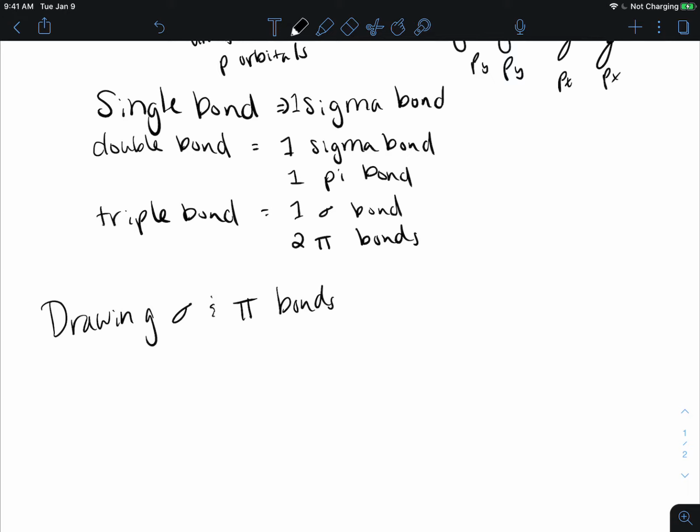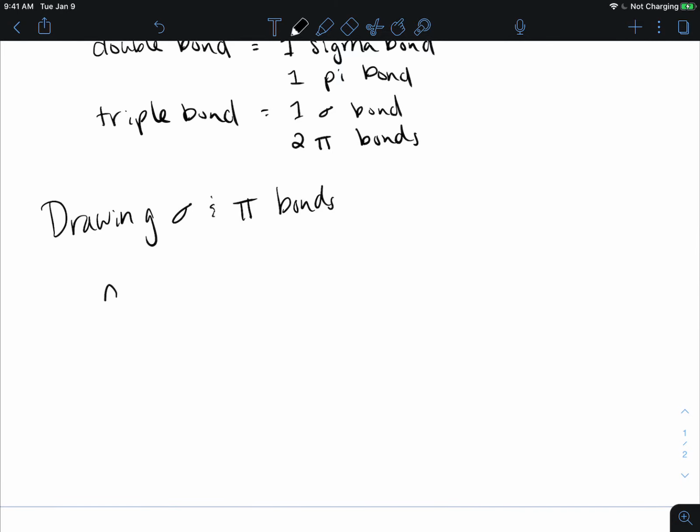So a common example of a sigma bond and a pi bond together in a molecule is C2H4. C2H4, if we were to draw out the Lewis structure, looks like this. Remember, each of our single bonds are a sigma bond.